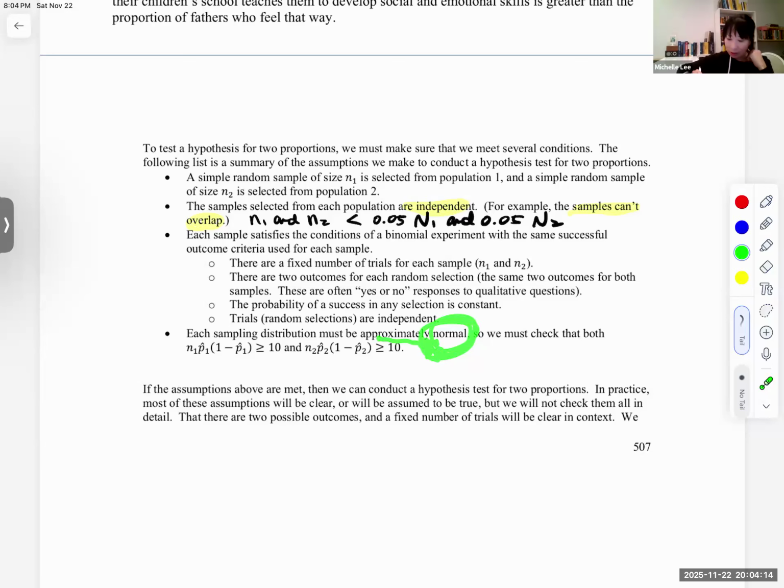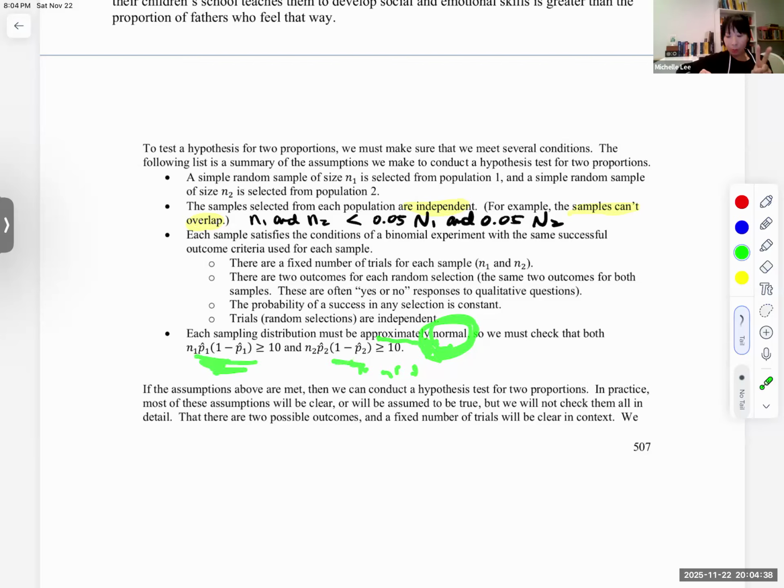Then the sample size must be big enough. So how big is big enough? Algebraically, we check that n times p times 1 minus p must be greater than or equal to 10, right?